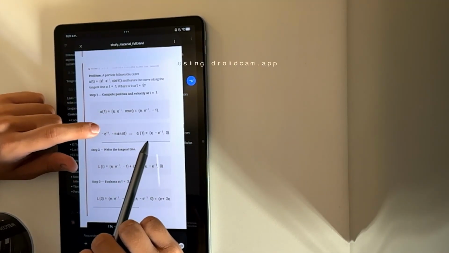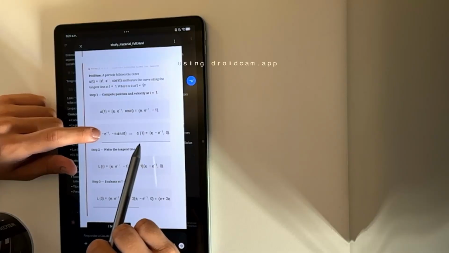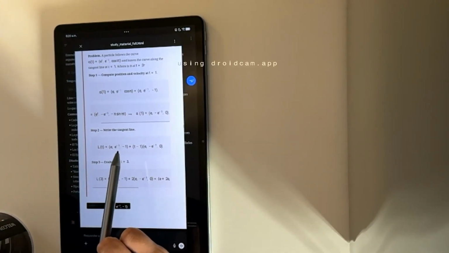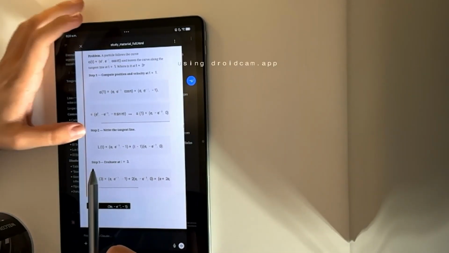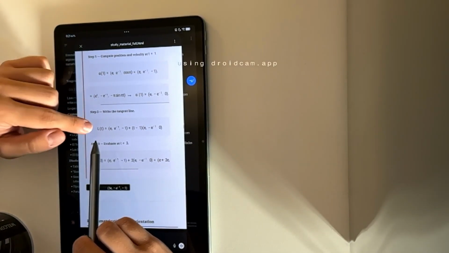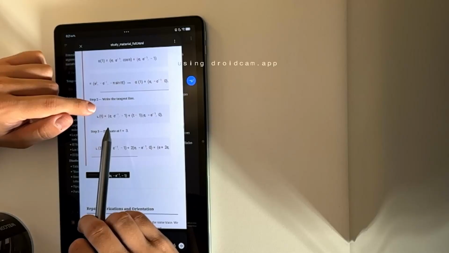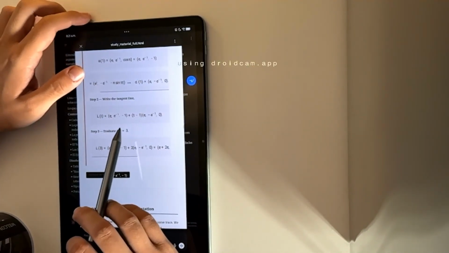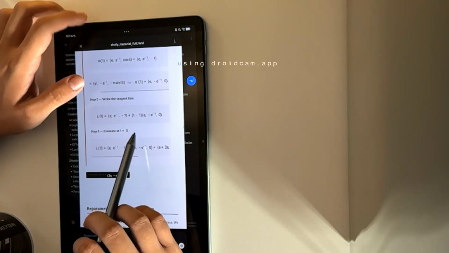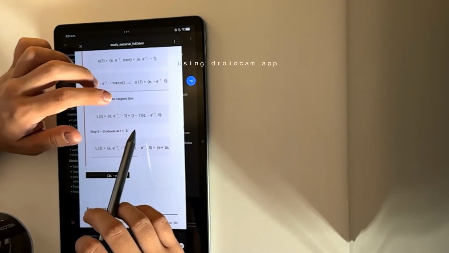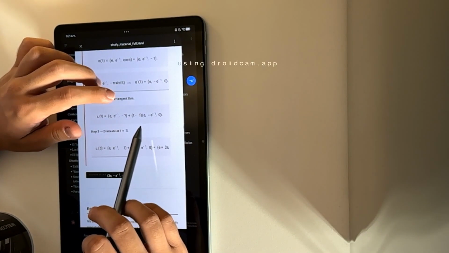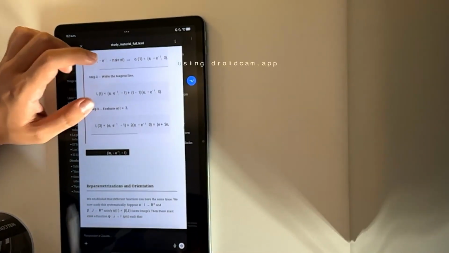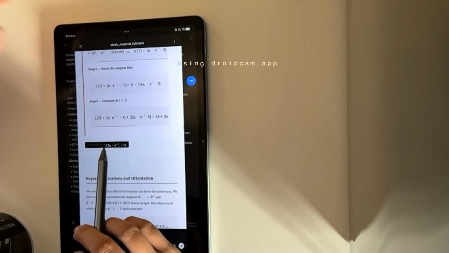Alpha of 1 equals (e, e to the minus 1, minus 1). Alpha prime of t equals (e to the t, minus e to the minus t, minus pi sine of pi t). Alpha prime of 1 equals (e, minus e to the minus 1, 0). Step 2. Write the tangent line. L of t equals (e, e to the minus 1, minus 1) plus (t minus 1) times (e, minus e to the minus 1, 0). And step 3 is evaluate at t equals 3.